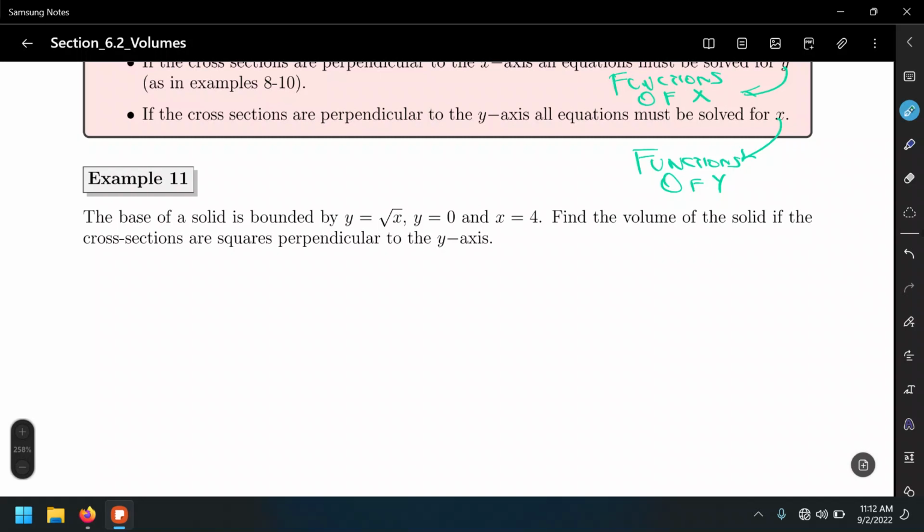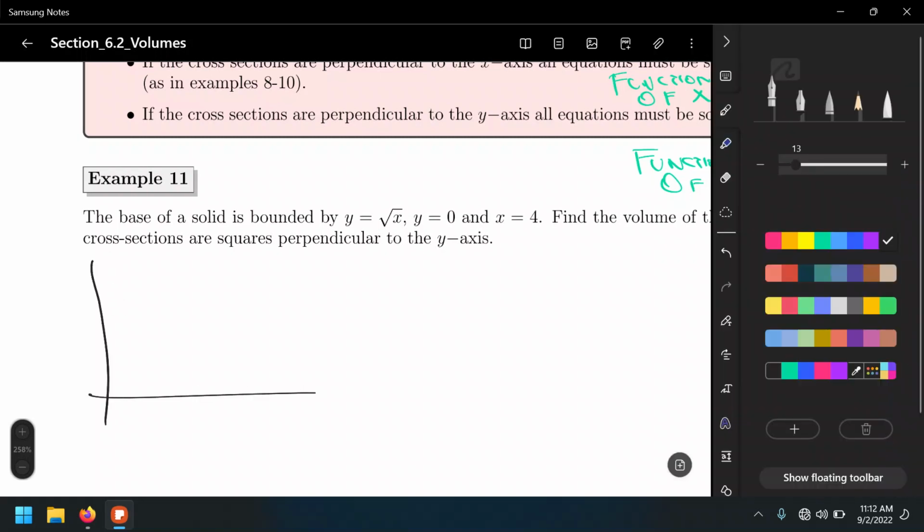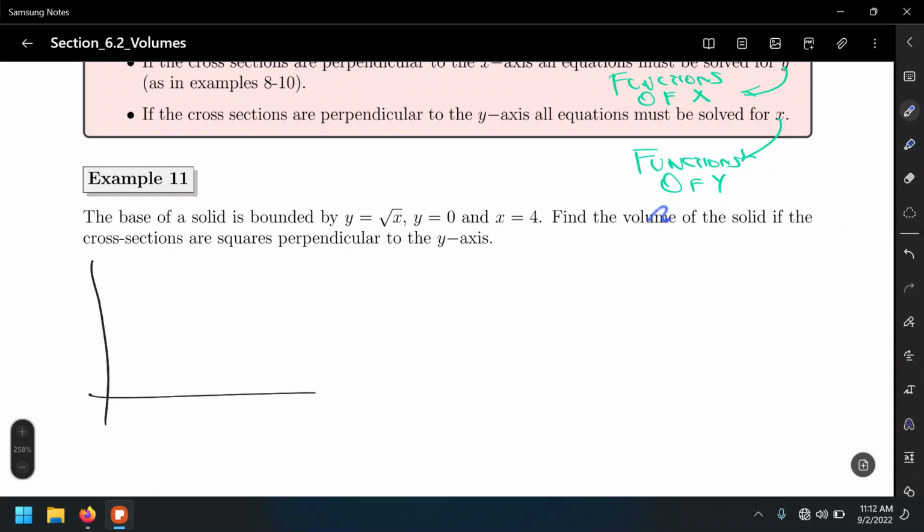So let's sketch the region of integration. That's y equals the square root of x, y equals 0, that's the x-axis, and the vertical line x equals 4. We already looked at this region of integration before.